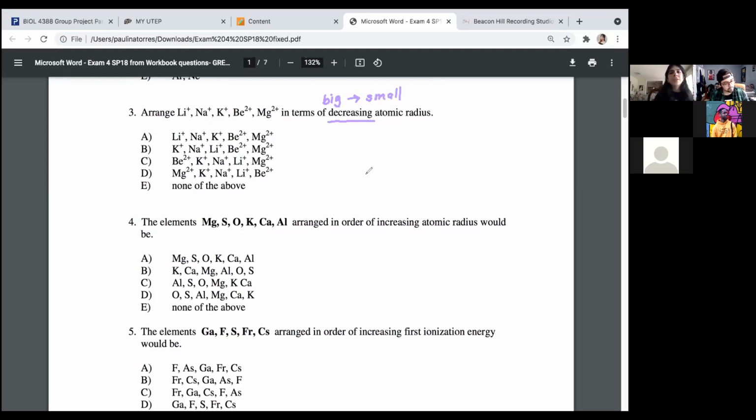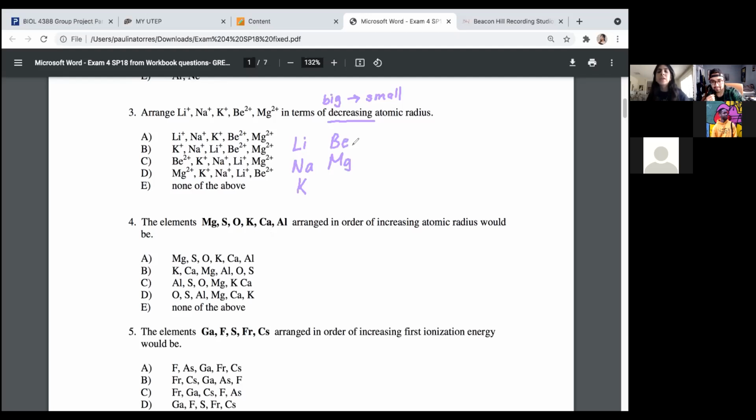Good. Okay, so let's try to find the one that's going to be the biggest out of all of these. So if we're looking at our periodic table, I'm just going to draw them out based on... and they're also all cations. So I'm just going to draw them without their charges for now. So we have lithium, sodium, potassium, magnesium, which is next to sodium, and beryllium next to lithium.